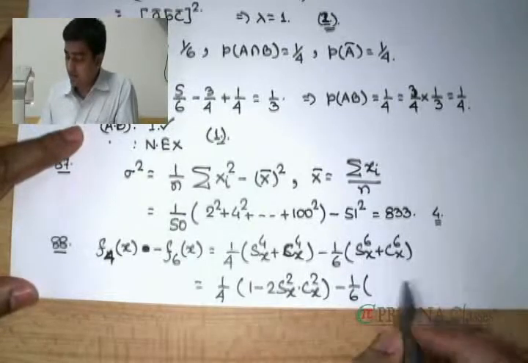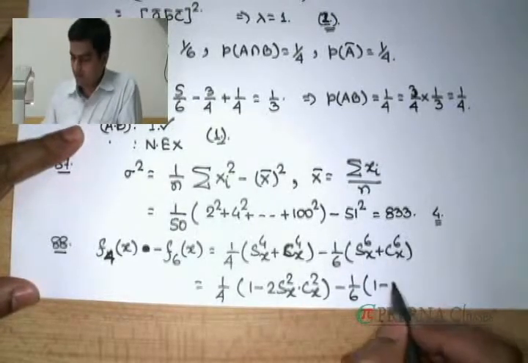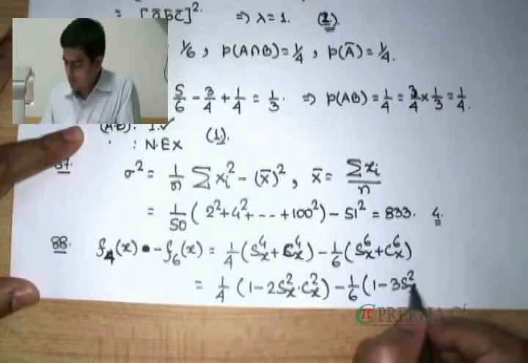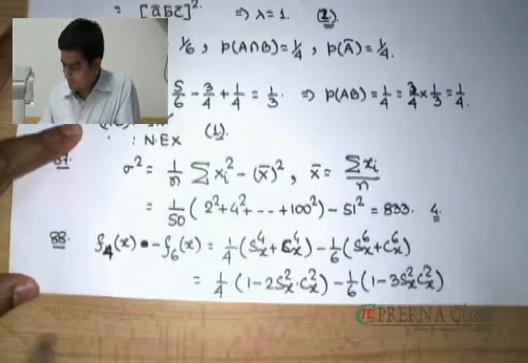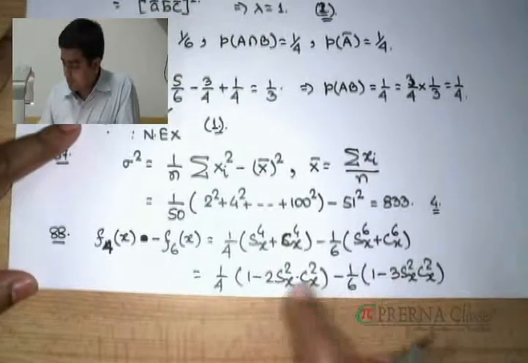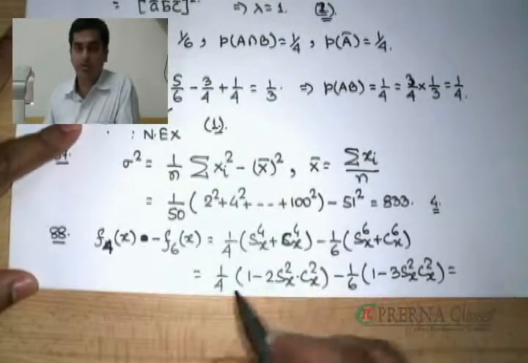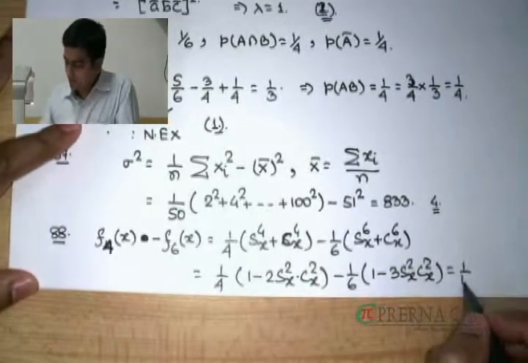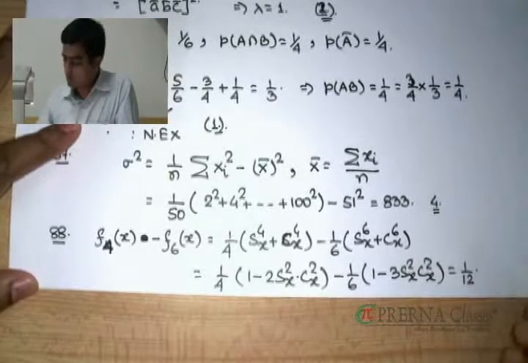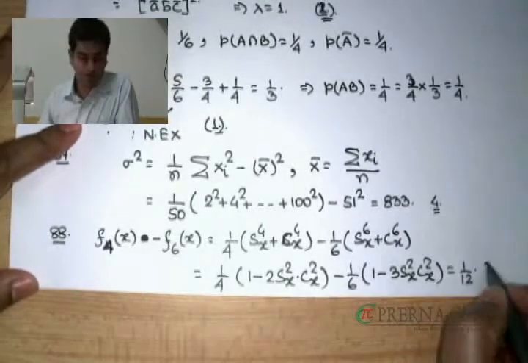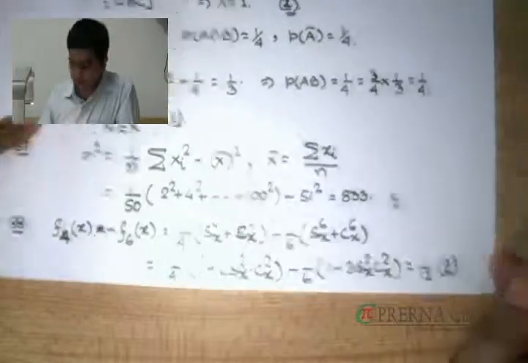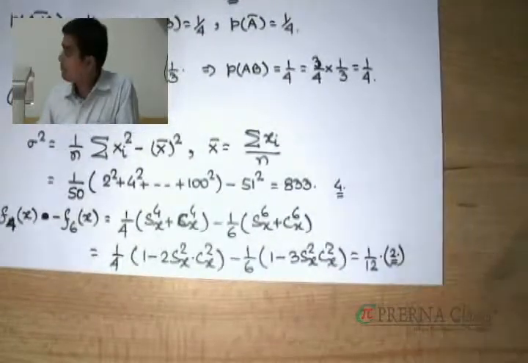Similarly, treating this as a cube plus b cube, where a and b are again sine square and cos square, this is going to be equivalent to this expression. After which you can check these two terms which depend on x get cancelled off. We are left with 1/4 minus 1/6, which simplifies to 1 by 12, which is matching with option 2.